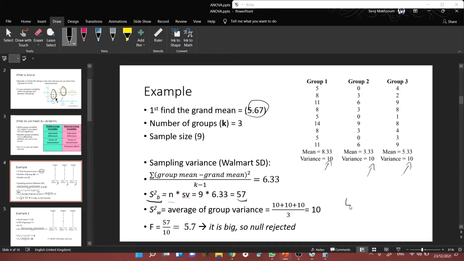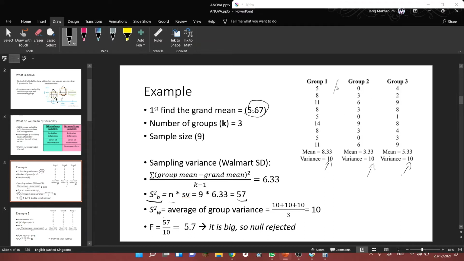Now, since 5.7 is relatively large for an ANOVA, or another way of looking at it is, since our between group variance is much bigger than our within group variance, that means that the difference between these groups is more than the difference of the patients within each of the groups.